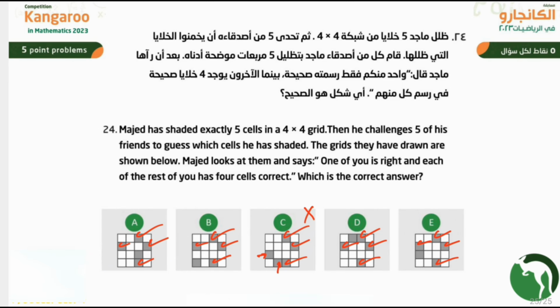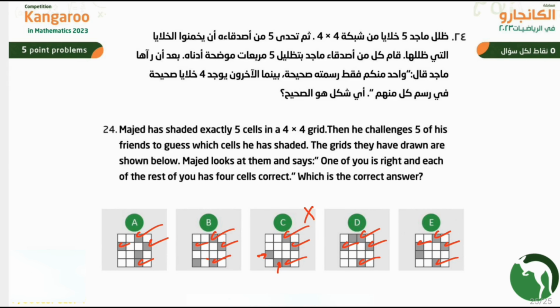If, for example, A is the correct answer, in A we don't have this square shaded, so C would have just three correct squares. So A cannot be the correct answer.